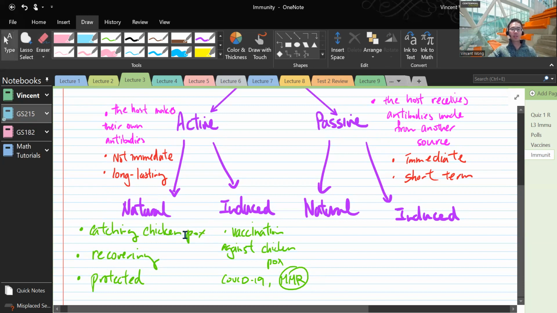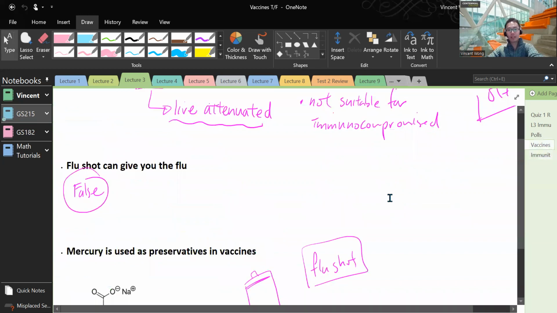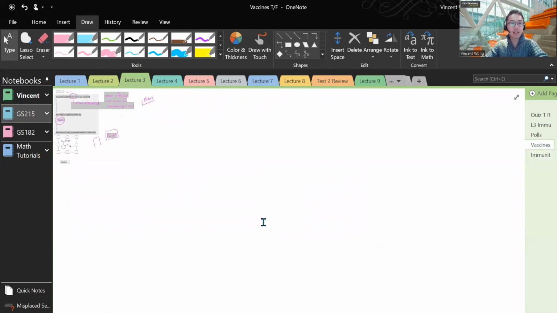Okay. Now, since we're talking about vaccines, let's do a poll about the vaccine stuff. Because it's interesting. Oops, I erased the whole thing, and it's no longer that interesting if I erased everything. Give me a moment.